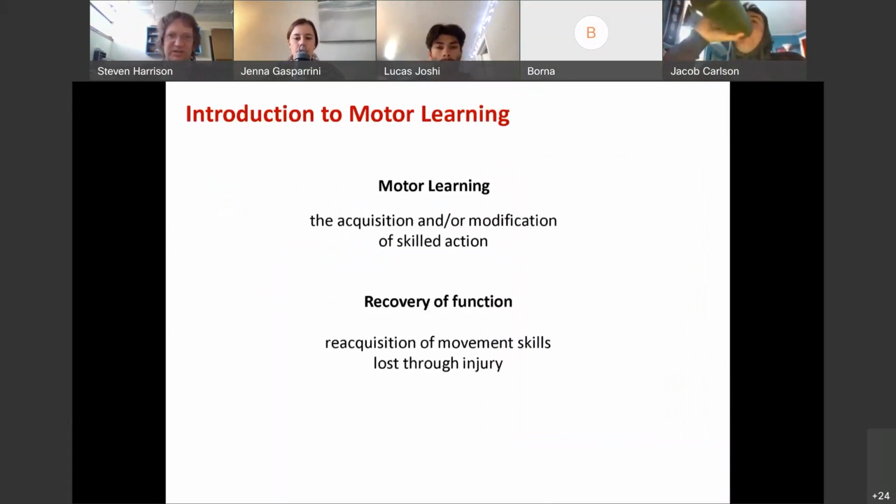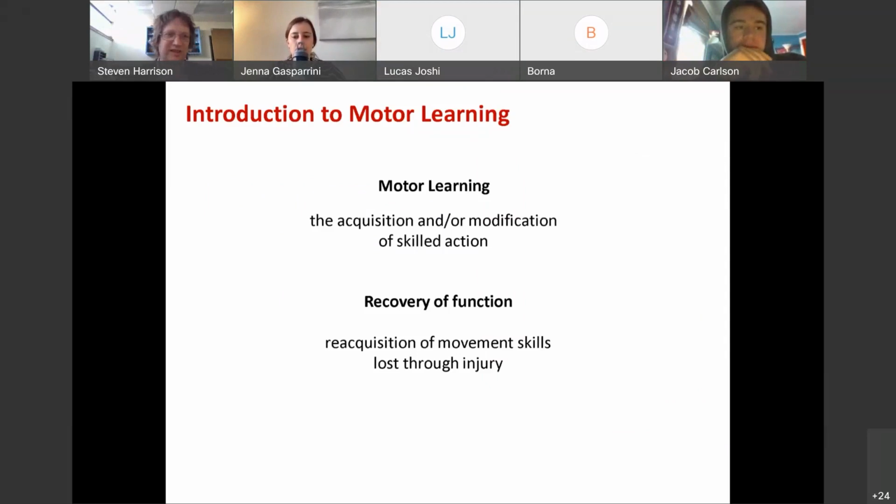We're also going to be using the term recovery of function. You see this in the textbook. This is the specific variant of motor learning that is particularly relevant to you, and one of your assigned lectures is going to be on this topic. I'm guessing you'll find that lecture pretty interesting.